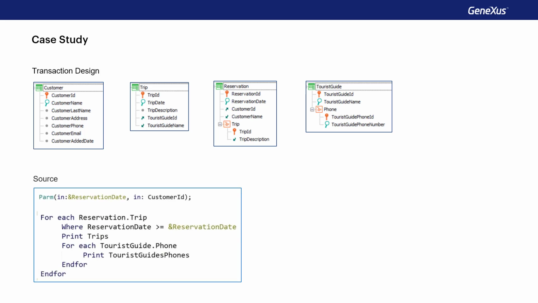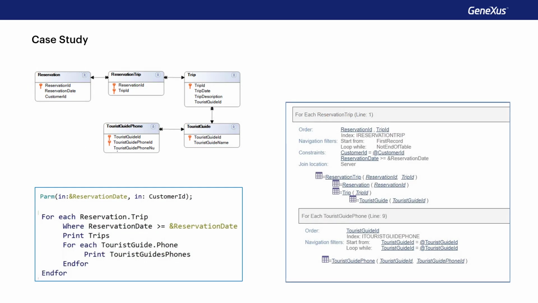Knowing that the base table of the external for each command is reservation trip, and that the base table of the internal for each command is tourist guide phones, does it establish implicit filters for the information it'll use? Yes, it'll show the phones of each tour guide. Why? Because GeneXus looks for a relationship between the extended table of the external for each command and the base table of the nested for each command.